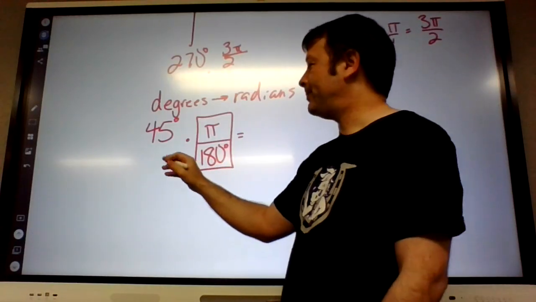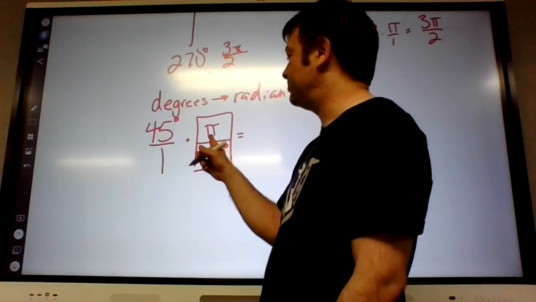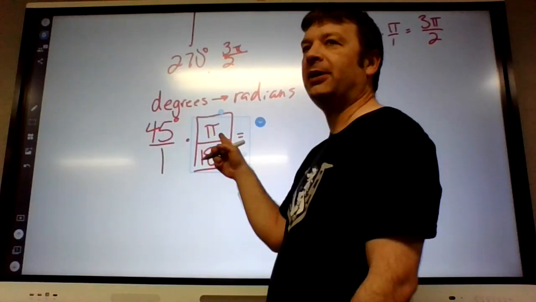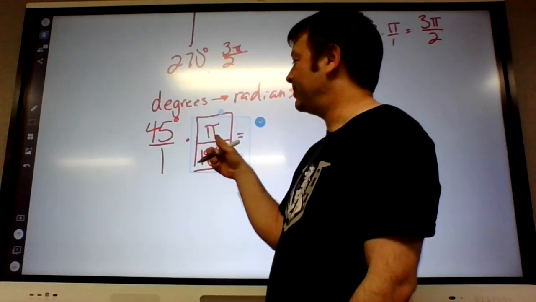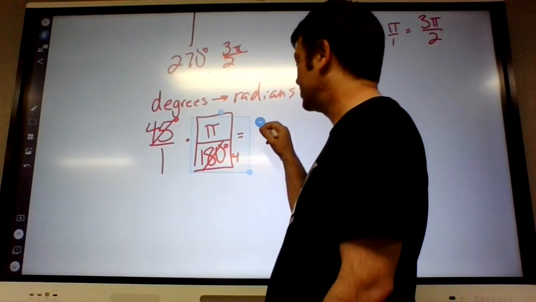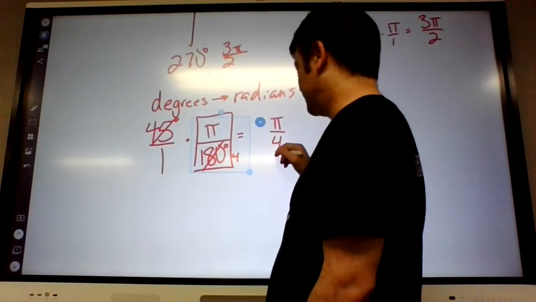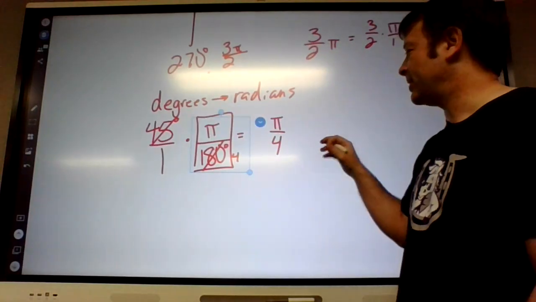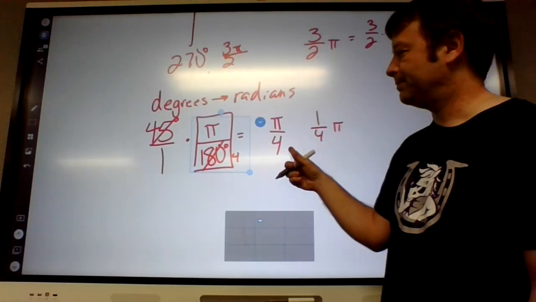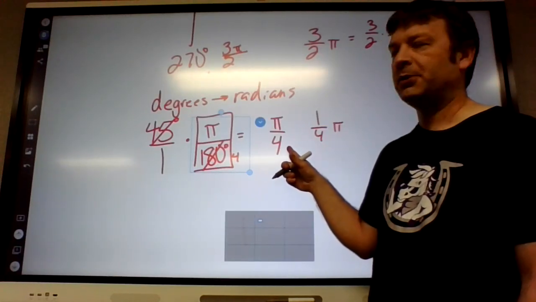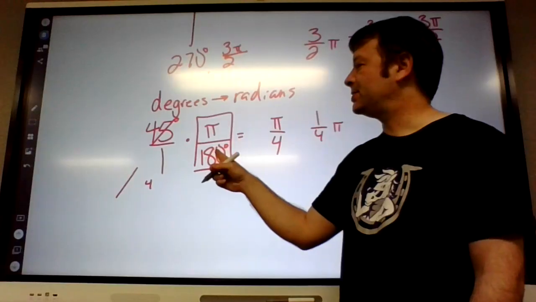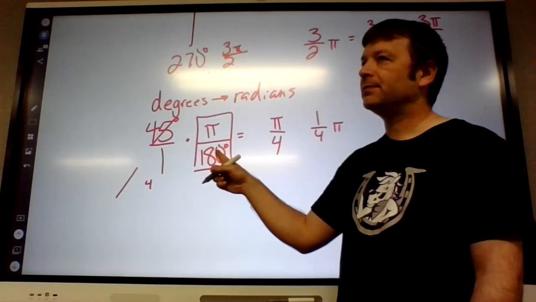If you have a decent calculator, the pi is not really going to do anything. The 45 over 180 will reduce, and you'll get 1/4. Your calculator might say 1/4 pi, which is fine. So this is the degrees to radians converter.